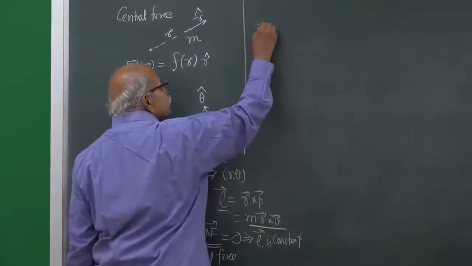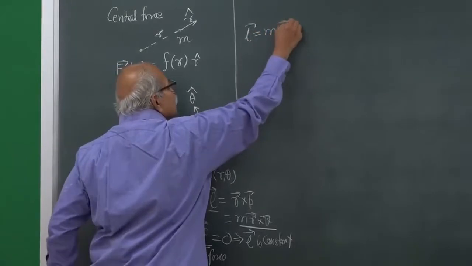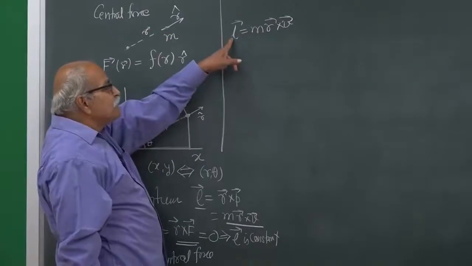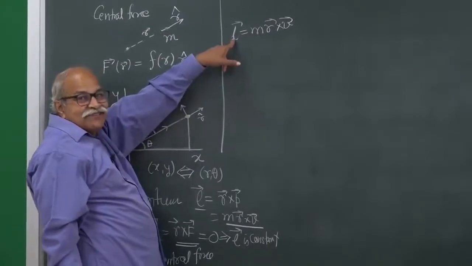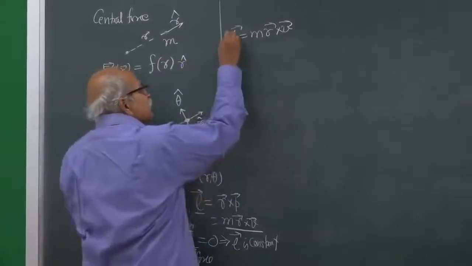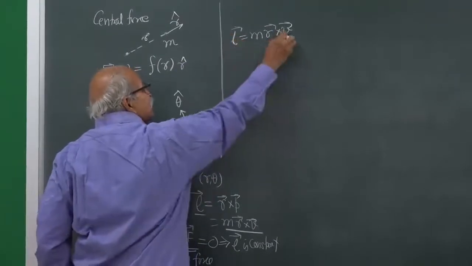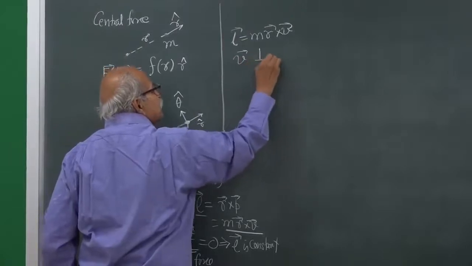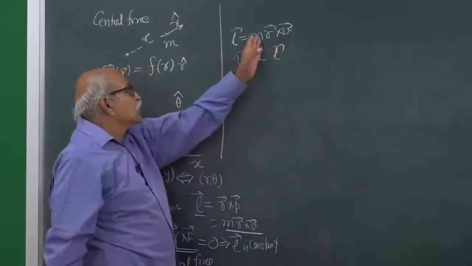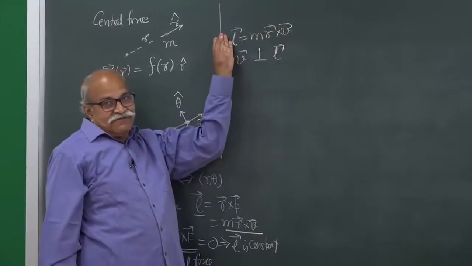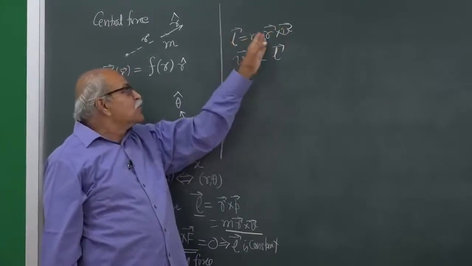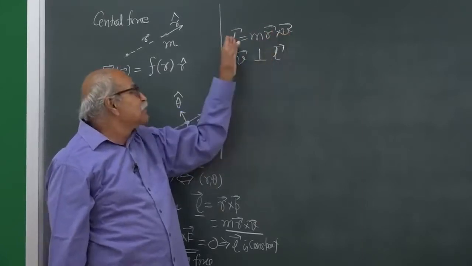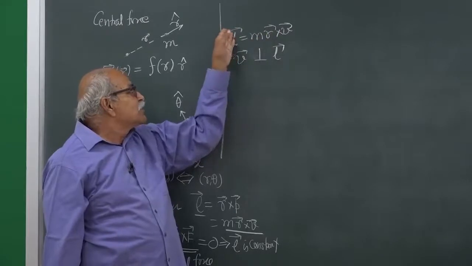L vector is equal to mass times r cross v, and this is constant in magnitude as well as in direction, and this is a constant vector, remember. The cross product of two vectors is perpendicular to each of these two vectors. That is how the cross product is defined. So, L is perpendicular to r, L is perpendicular to v.